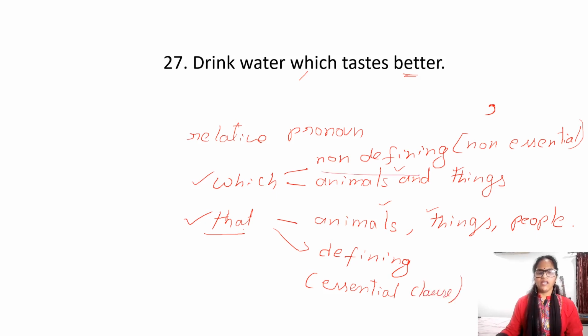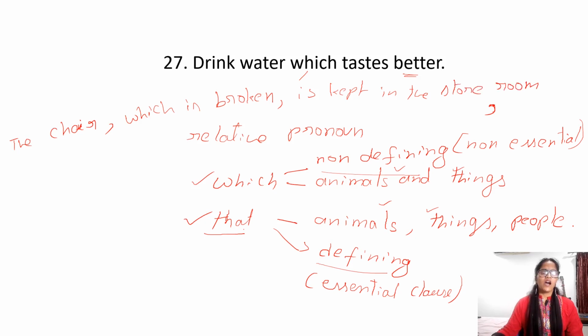What is a non-defining and what is a defining clause? For example, the chair, comma, which is broken is kept in the storeroom. Now how many chairs do we have? We have only one. Here which is broken is not essential. I just wanted to emphasize the chair, so I have used which is broken.